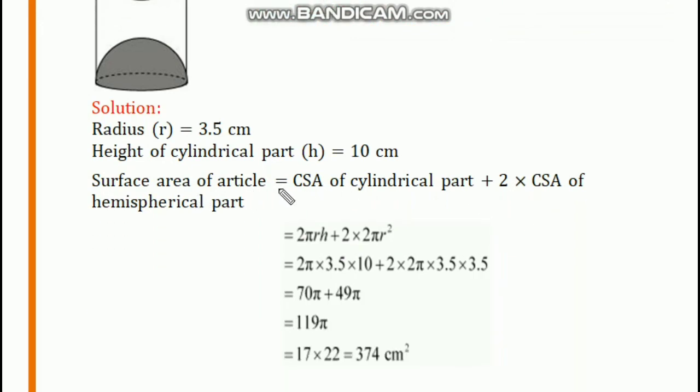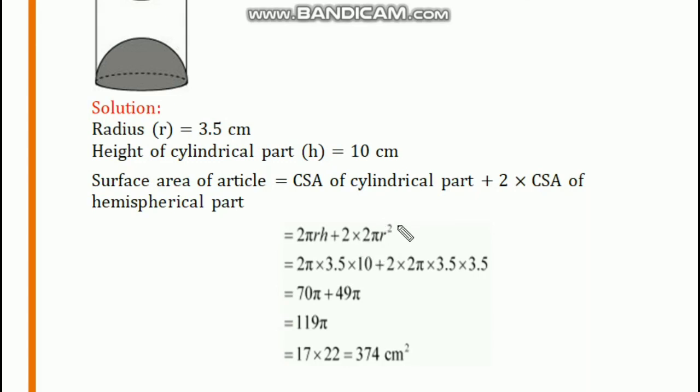So surface area of article equals curved surface area of cylinder part plus 2 times curved surface area of hemispherical part: 2 pi rh plus 2 into 2 pi r square, because that is the curved surface area of a hemisphere.